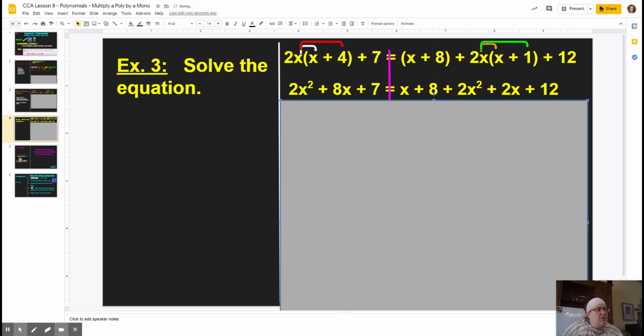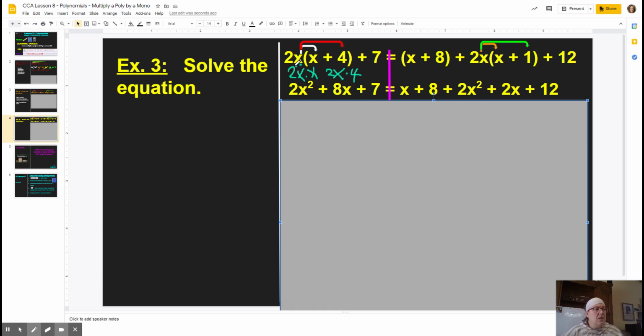So when I do that, I've got 2x times x is 2x squared. I've got 2x times 4 is 8x. Now, I will say this. One thing that you probably notice is that I did not write out the step where I'm showing that 2x is being multiplied by both things inside the parentheses.